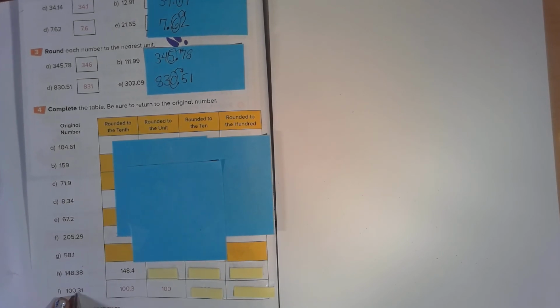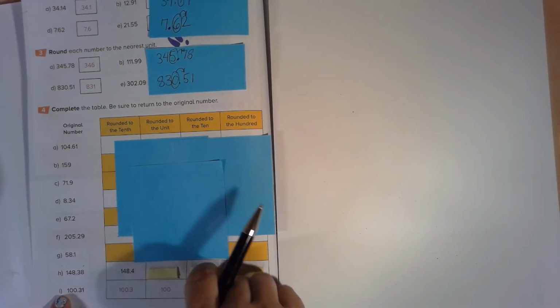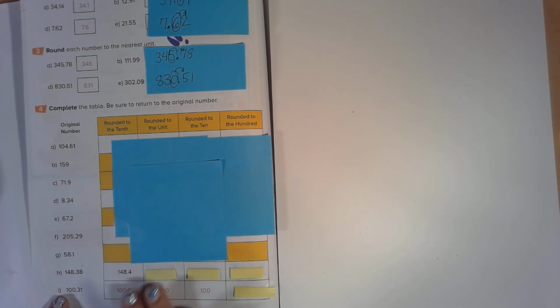Don't forget your decimal point though. So 100 decimal point 00, it stays 100 decimal point 00. We don't write all those extra zeros after the decimal point, so it's just 100 again. This one's really tricky, which is why I wanted to show you.